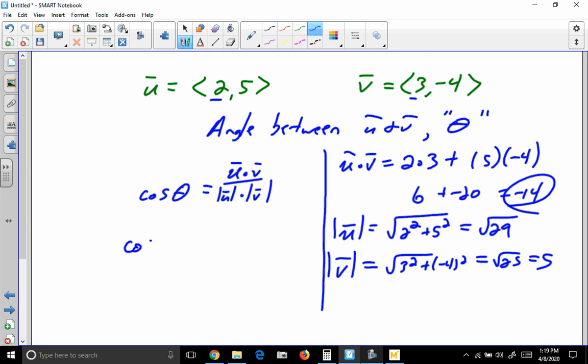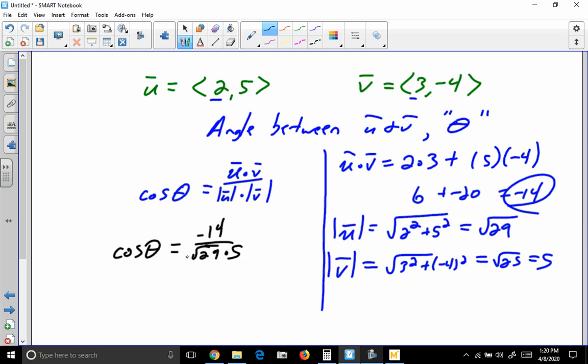So cosine theta is negative 14, that's the dot product, over u, square root of 29, times magnitude of v, 5.